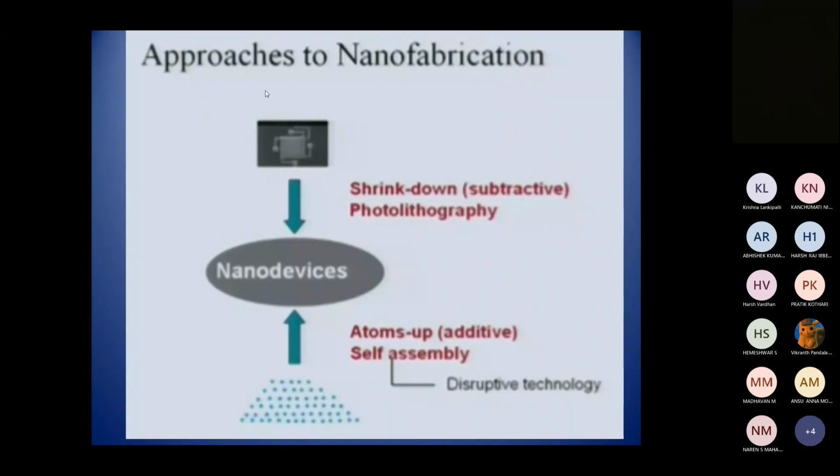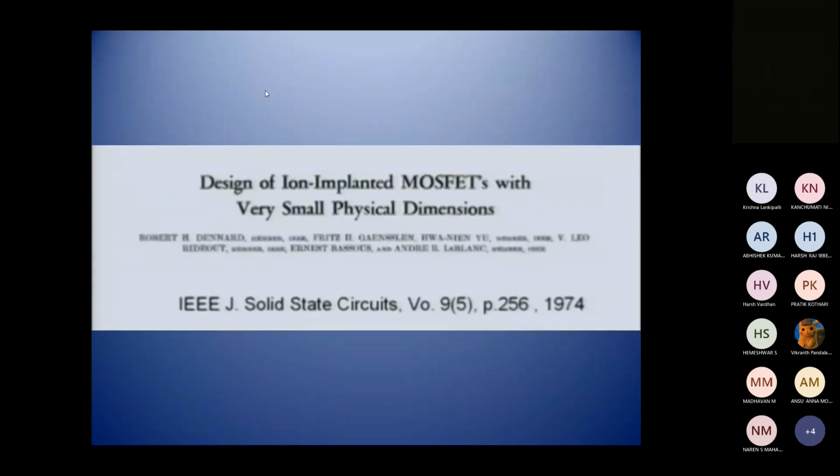A glimpse of the photolithography process for a top-down method, and if you want to make a device with a bottom-up approach, what the considerations are. And this research paper, if you find free time, just have a look, because this will give some idea about the scaling behavior. Whenever you find free time, please go through this research article.